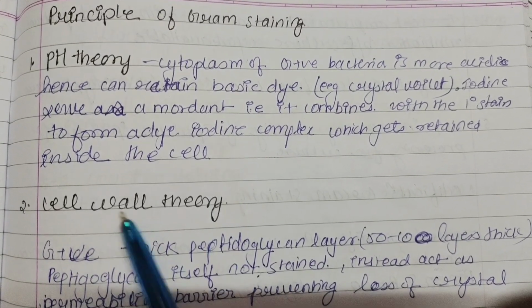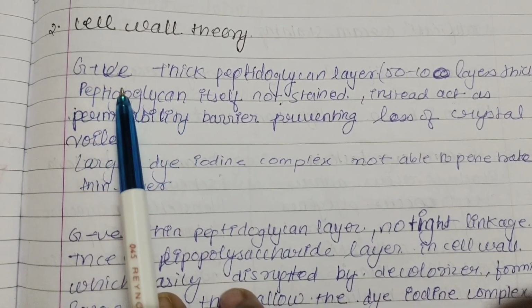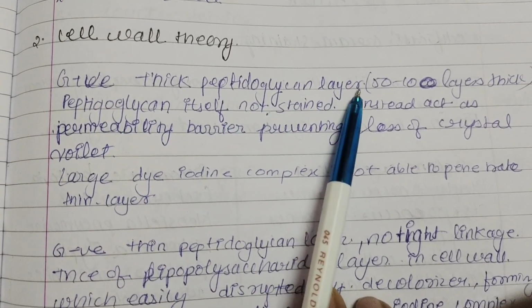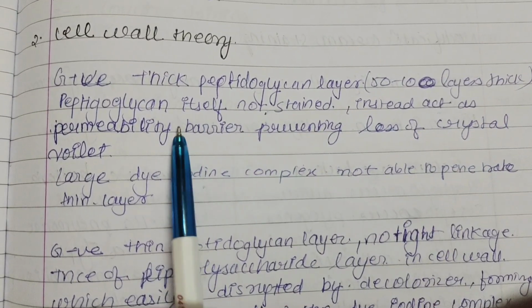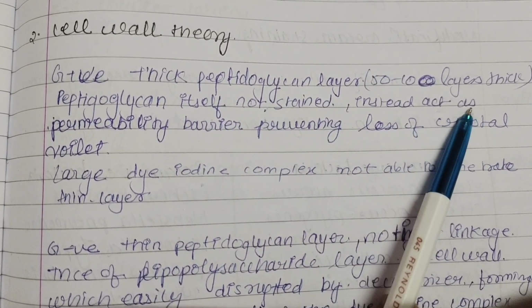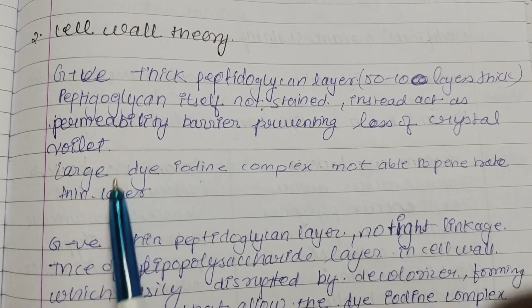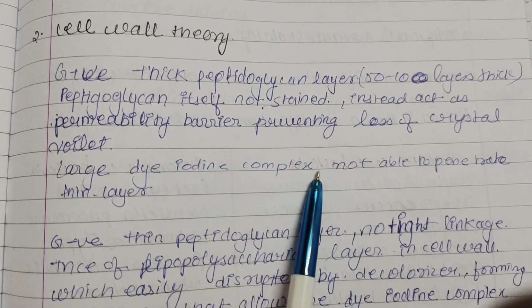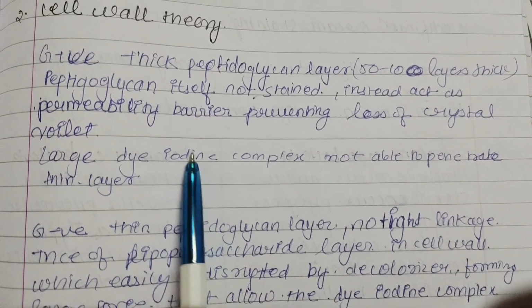Now the most famous theory, that is the cell wall theory, in which gram positive bacteria have a thick peptidoglycan layer, 50 to 100 layers thick, which itself is not stained, and instead acts as a permeability barrier preventing loss of crystal violet, as the large di-iodine complex is not able to penetrate the thick layer.